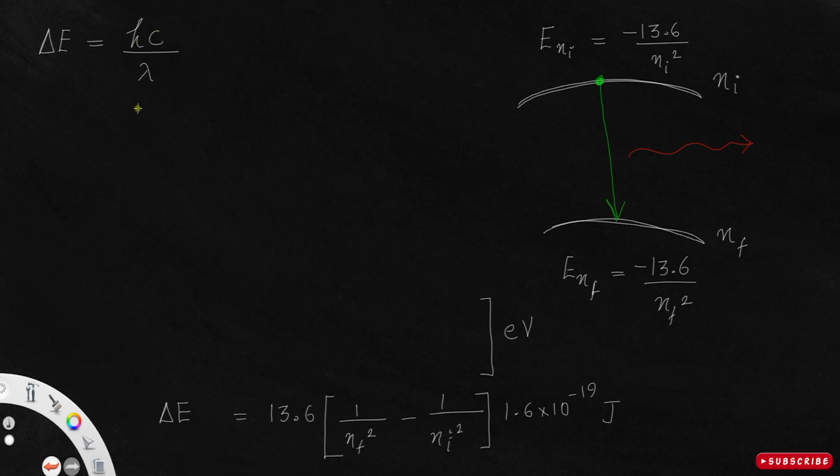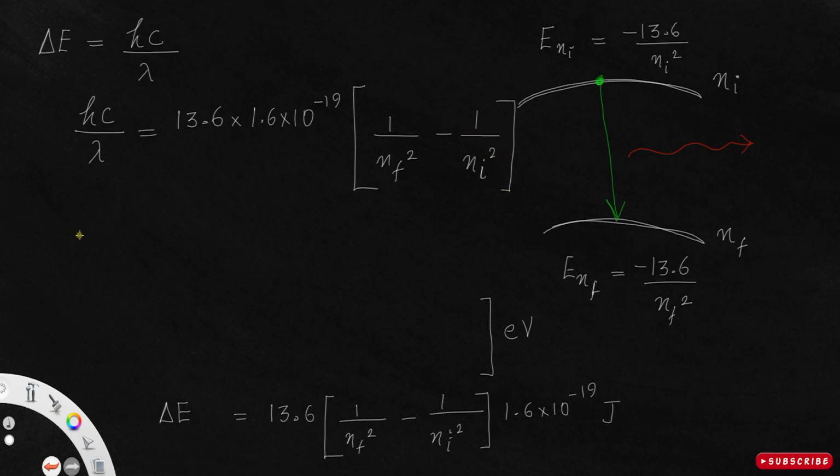So I can put in hc by lambda instead of delta E. So hc by lambda is equal to 13.6 into 1.6 into 10 raised to minus 19 into 1 by nf square minus 1 by ni square.